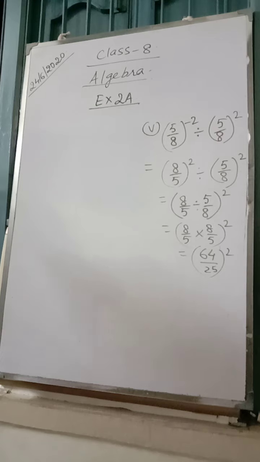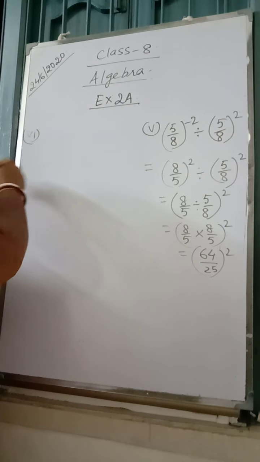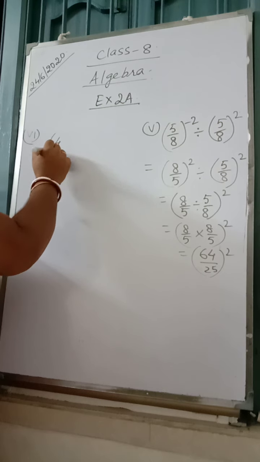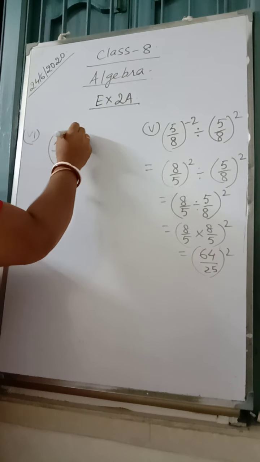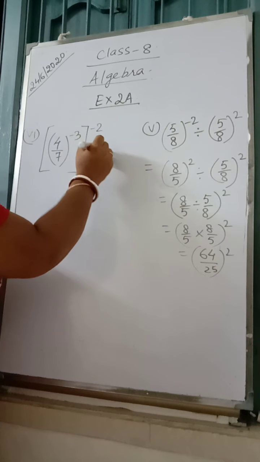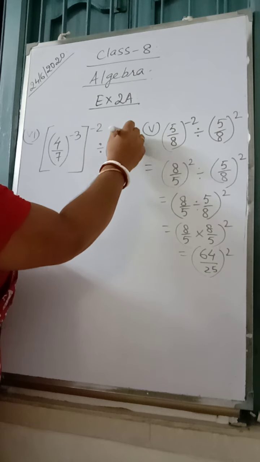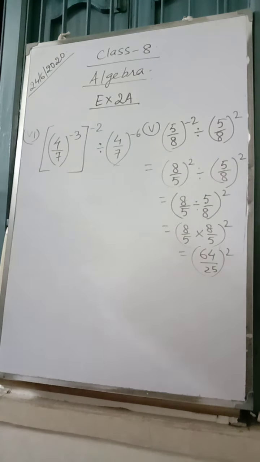The question is 4 by 7 to the power minus 3, to the power minus 2, divided by 4 by 7 to the power minus 6. This is the question we have.